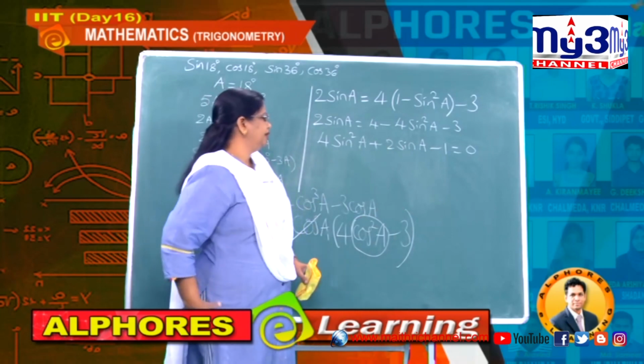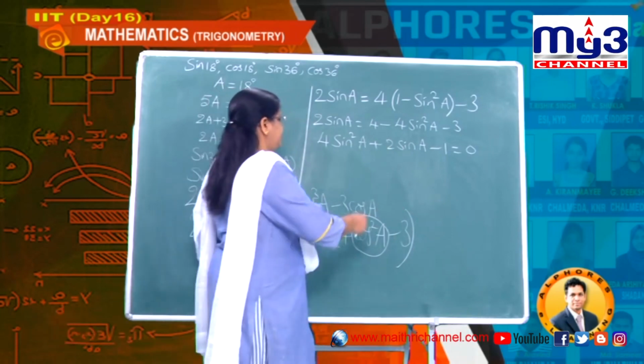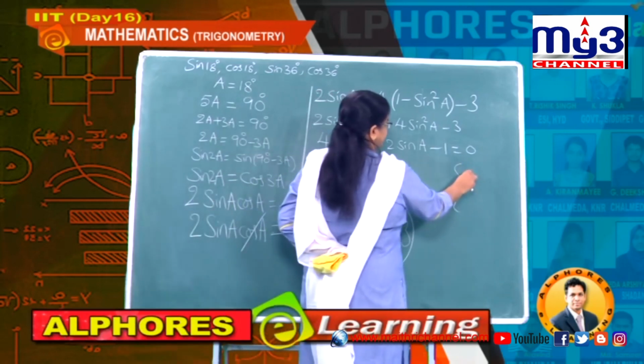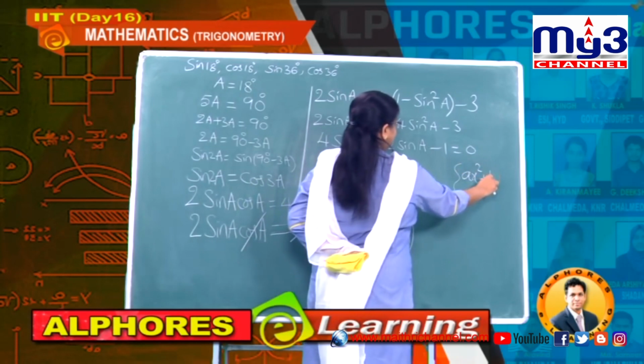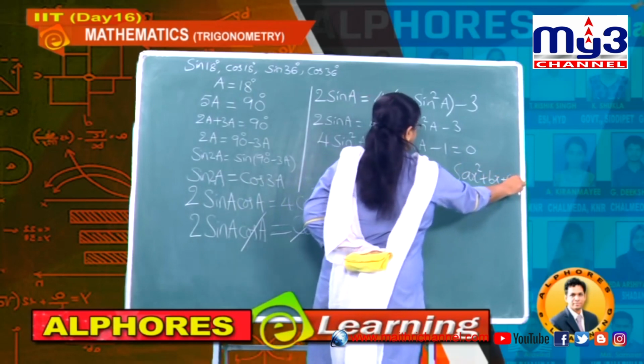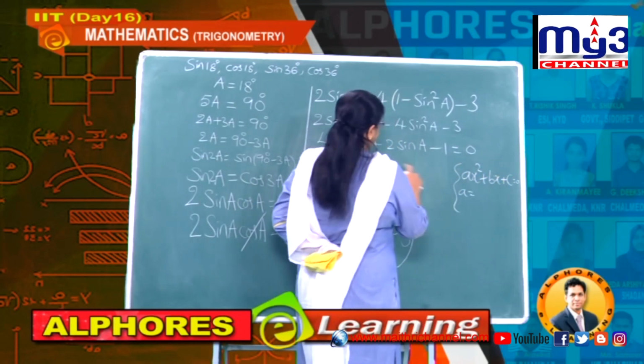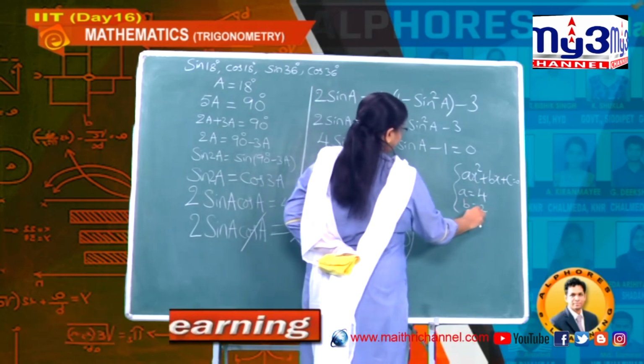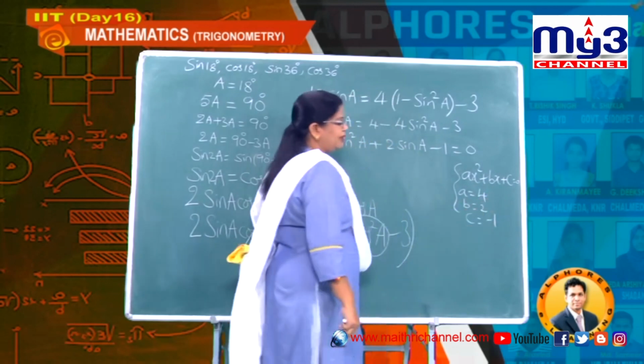So how can we use that formula here? It is a quadratic in sine. If the equation is ax square plus bx plus c equal to 0, then in this problem a is 4, b is 2, and c is minus 1.